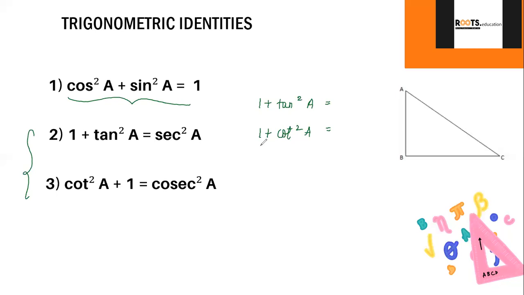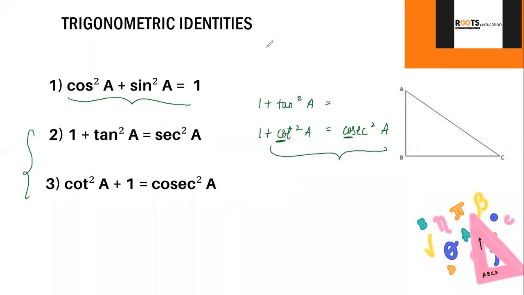When you have 1 plus cot square A, you have cosecant square A. You can remember this: CO and CO. The ratios which start with CO are together in one formula. This is how I remember the formulas.